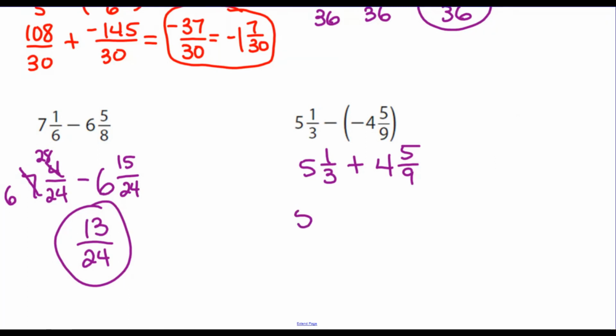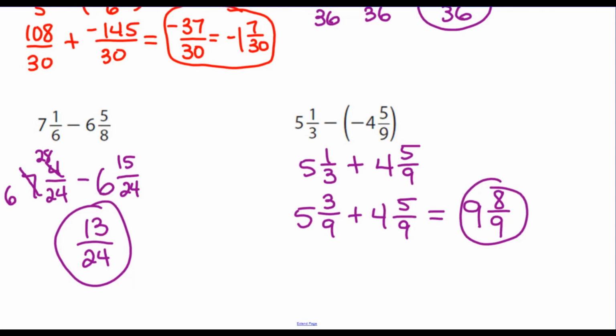And I have to get my common denominator. Least common multiple of 3 and 9 is 9. So 5 1/3 is 5 3/9 plus 4 5/9. That already has a denominator of 9. So now I can add my whole number parts together, and that gives me 9, and add my fraction parts together, and that gives me 8/9, which is in simplest form.